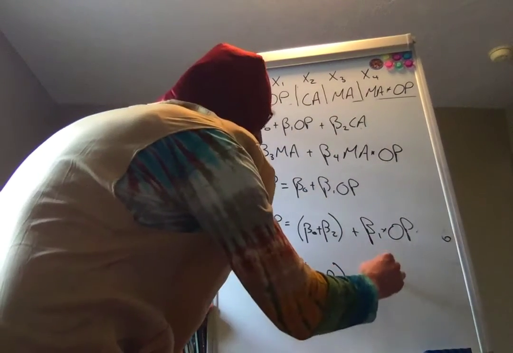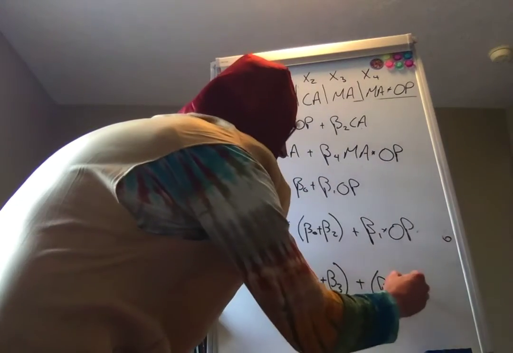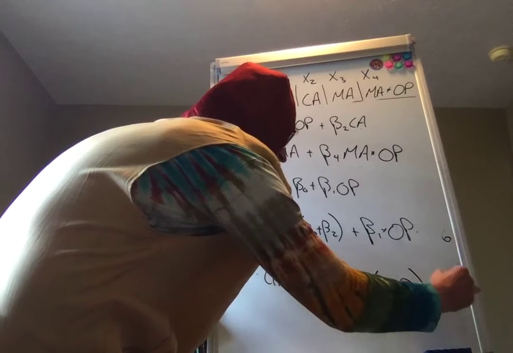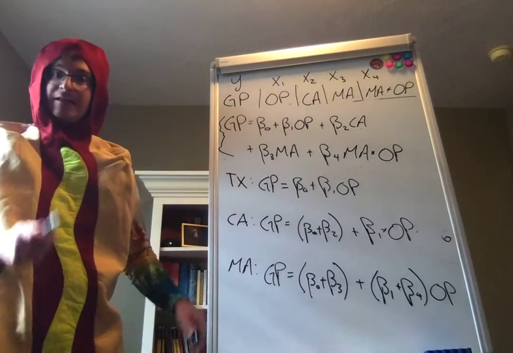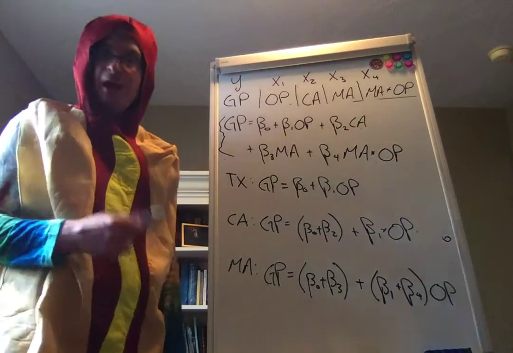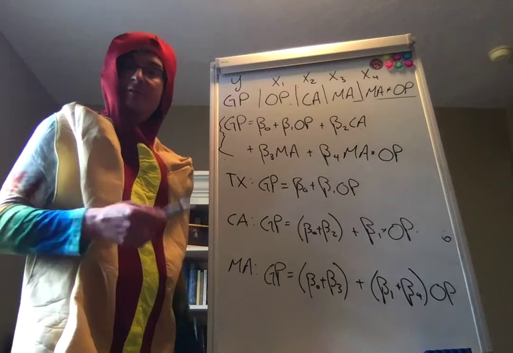So plus beta 1 right there plus beta 4 times OP. So that's the cool thing about these interaction variables. They'll allow you, after collection of like terms, to have a different slope.